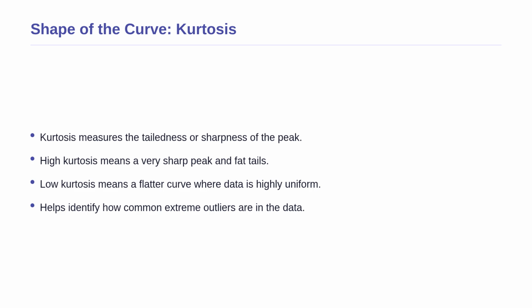In practical terms, this means extreme outliers are much more common than a standard normal distribution would predict. On the other hand, a flatter curve has low kurtosis, meaning the data is highly uniform and outliers are rare. Understanding both skewness and kurtosis is crucial because many statistical tests require perfectly normal data to work correctly.